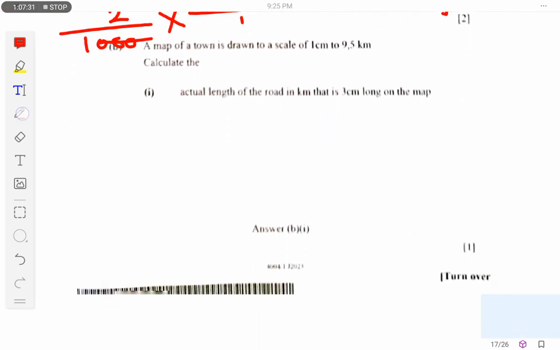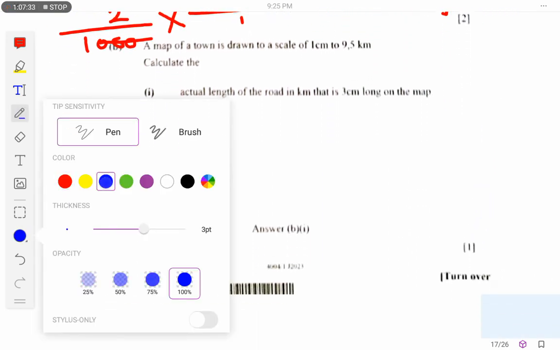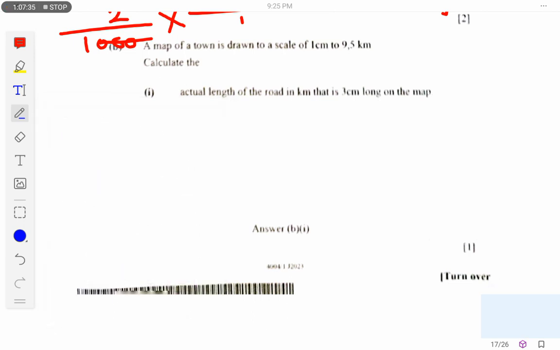Part B is saying a map of a town is drawn to a scale of 1 centimeter to 9.5 kilometers. Calculate the actual length of the road in kilometers, that is 3 centimeters. Basically we can just use ratios here. 1 centimeter is equal to 9.5 kilometers.